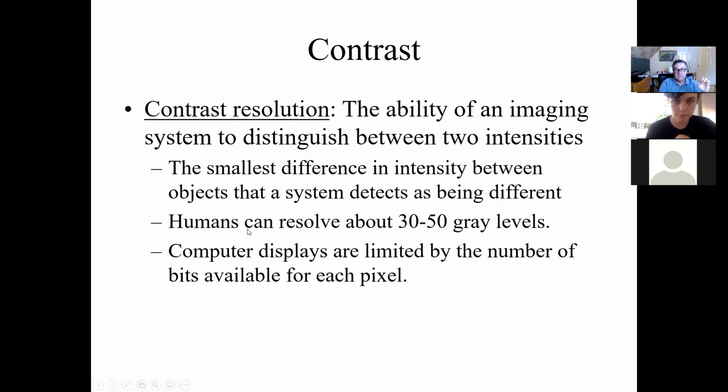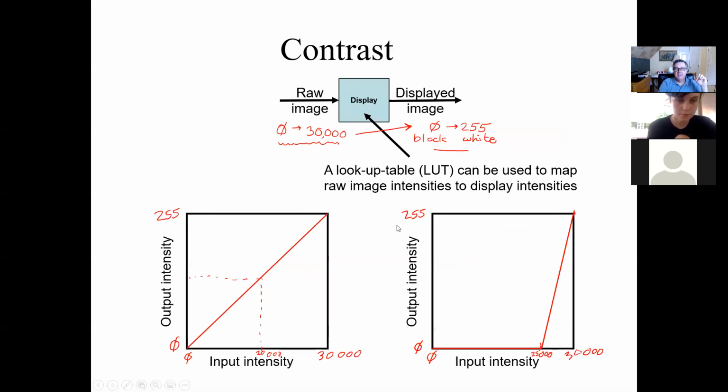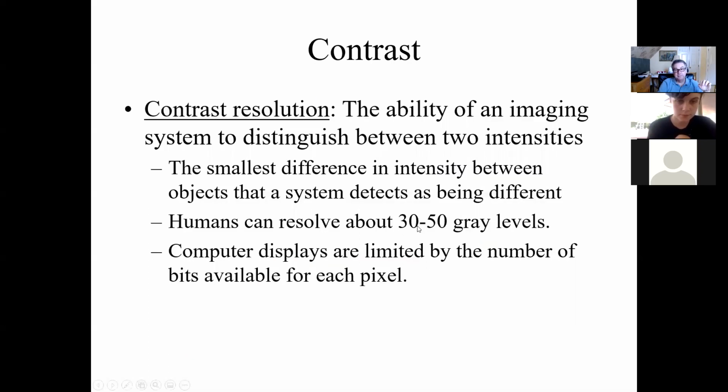Humans can only resolve about 30 to 50 gray levels in a particular scene, but we are very adaptive. Okay, and so you can go back and ask the question, well, if I only have 255 gray levels in a normal display system, is that enough? And the answer is, well, yeah, actually, because we're only capable of doing that much at any given time.